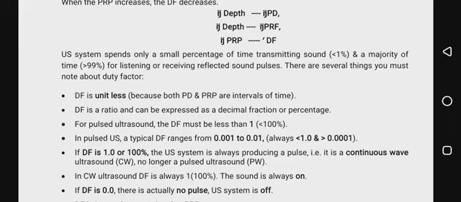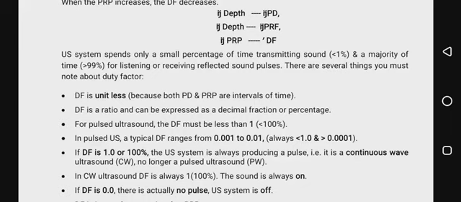For pulse ultrasound, the duty factor must be less than 1. So you better take note in your machine. Keep an eye on it. But in most of the machines, some of these things have been simplified. In pulse ultrasound, the typical duty factor ranges from 0.001 to 0.01.